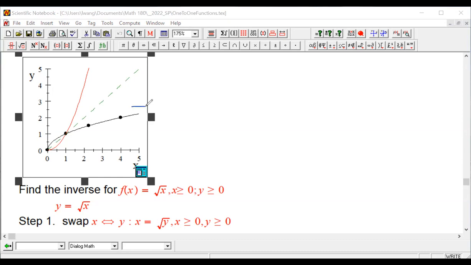This is the square root of x, and this piece is x squared, with x larger than or equal to 0. And this line of symmetry is y equals x.